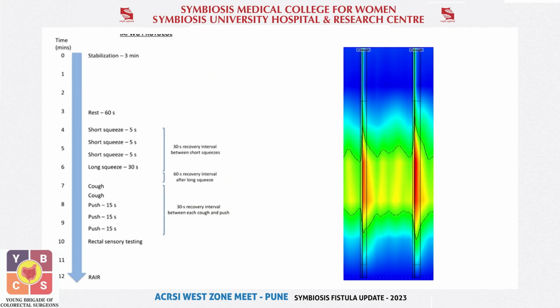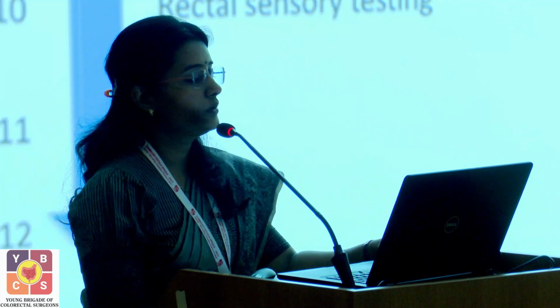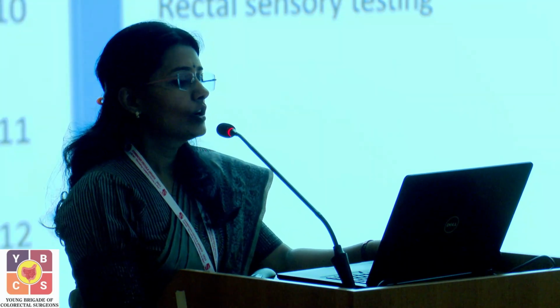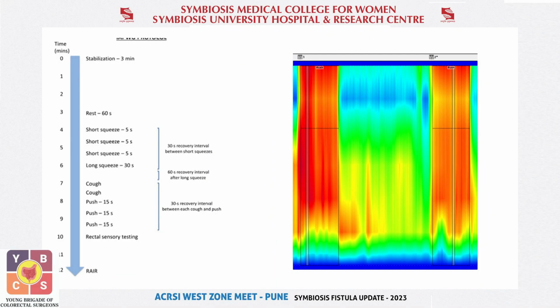This is then followed by the cough reflex. Here an increase in intra-abdominal pressure increases the anal pressure. This is a sacral reflex, a protective reflex for continence. Then this is followed by the push maneuver or evacuation maneuver, which is done for 15 seconds. Here we ask the patient to simulate the normal evacuation process.